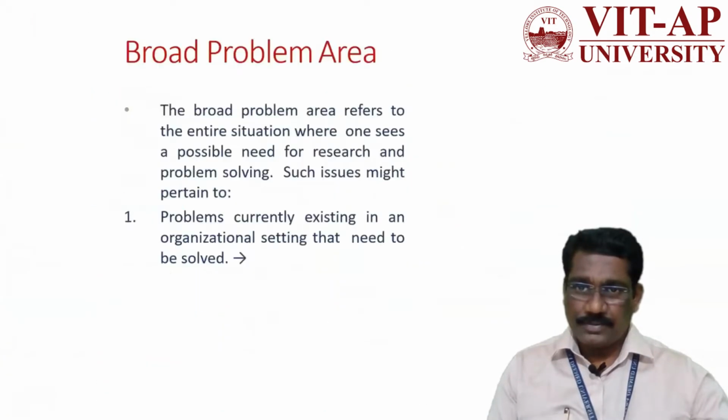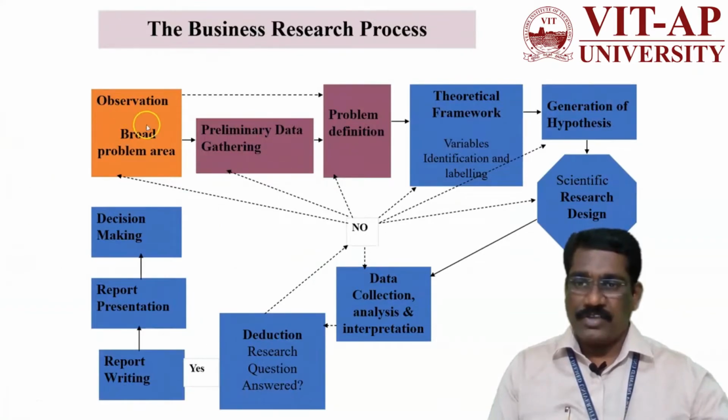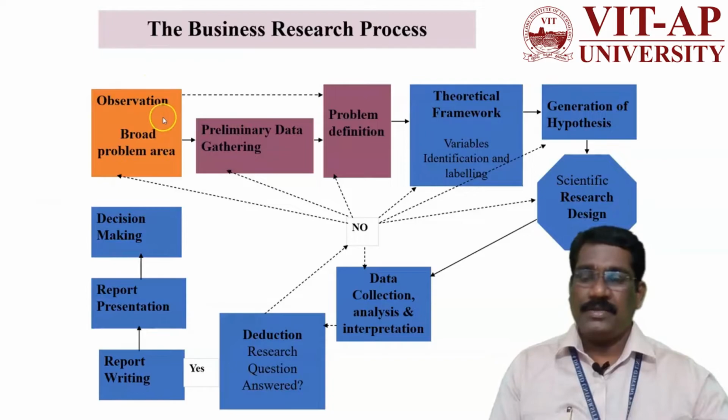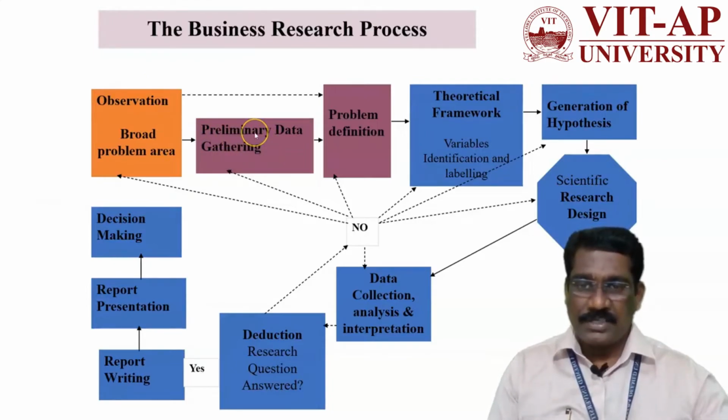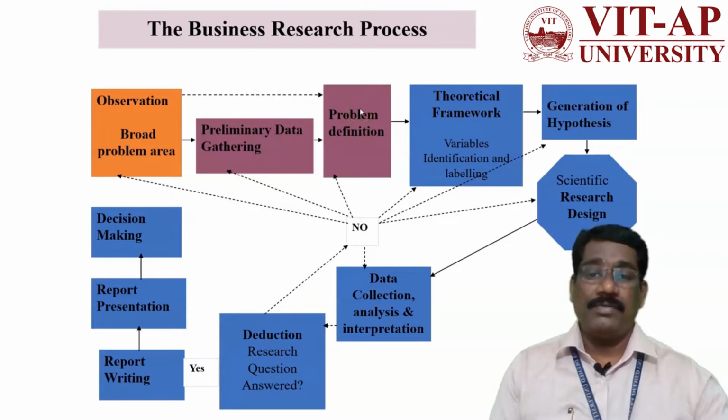So, in the process of the research, let me show you this framework here. You can see here observation of the problem area. We collect preliminary data, in which primary and secondary data are very helpful in developing the problem statement.